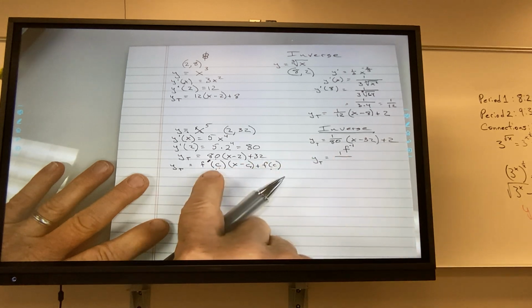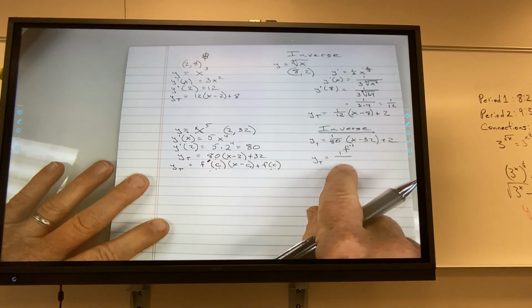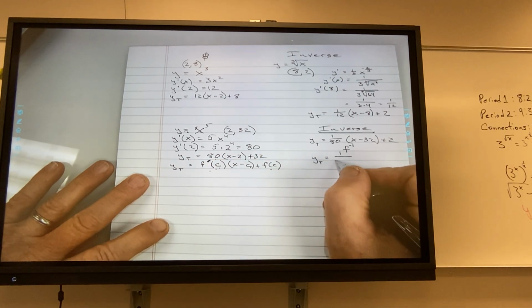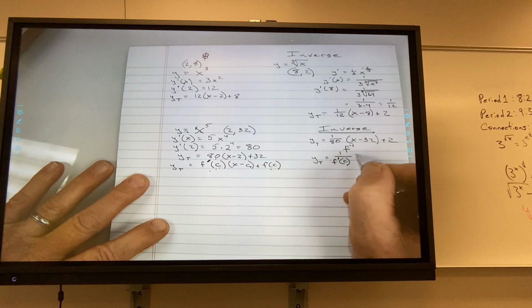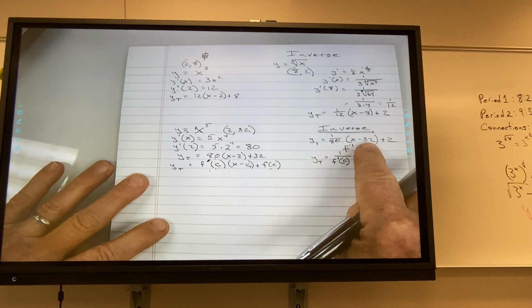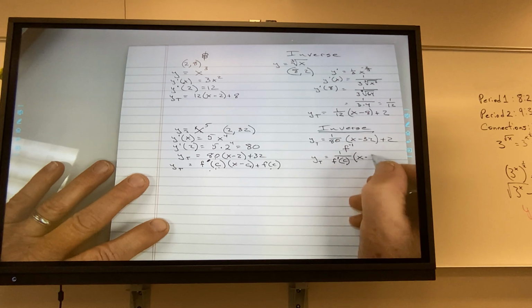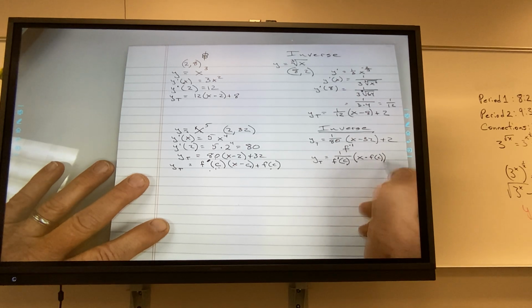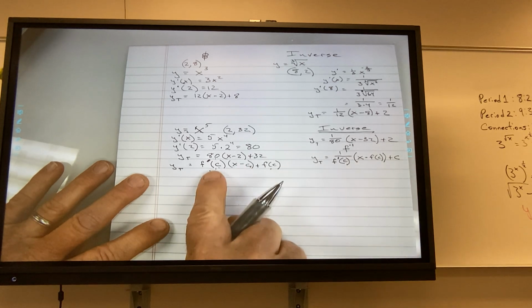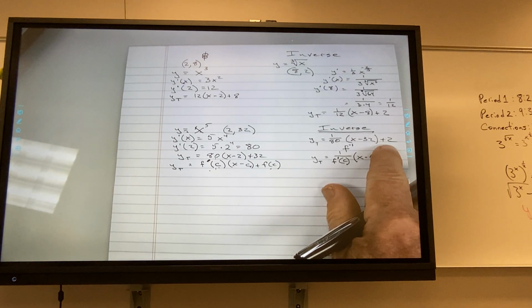Matthew said this was 80, then he said it's 1 over 80. So it's going to be this thing right here. Now, this was not 2, was it? It's the y value. Plus c. This was 2. This is my 2 over here. Everybody follow that?